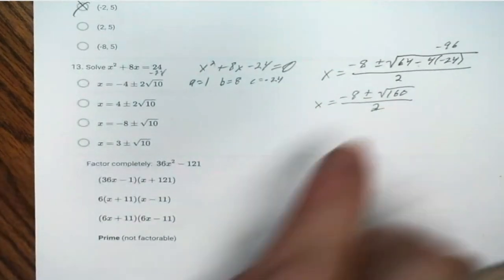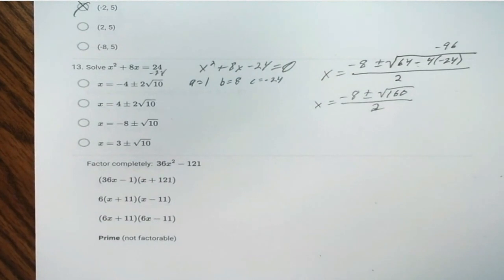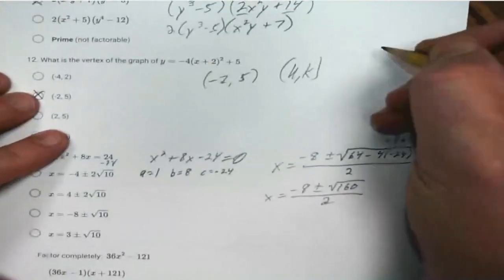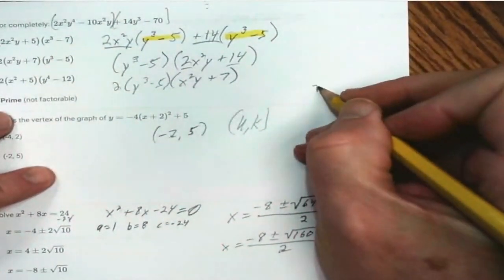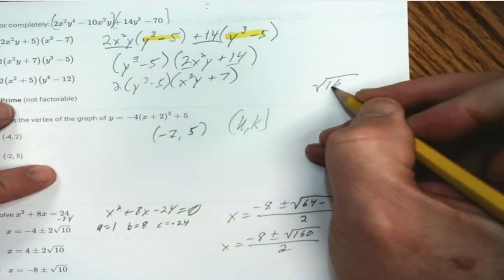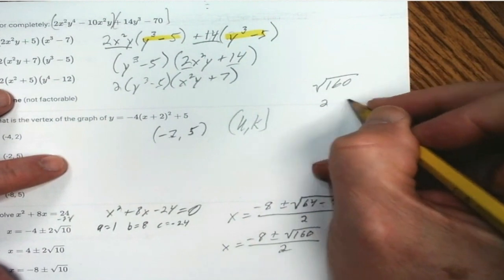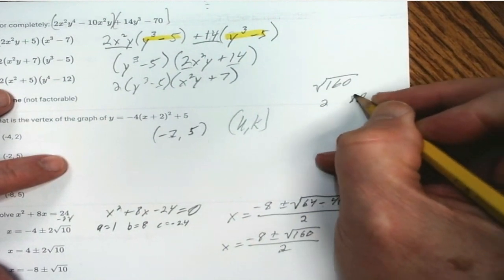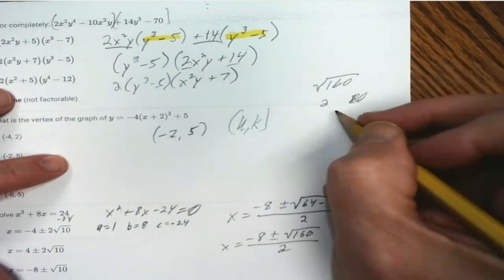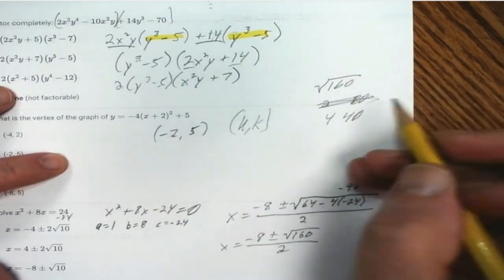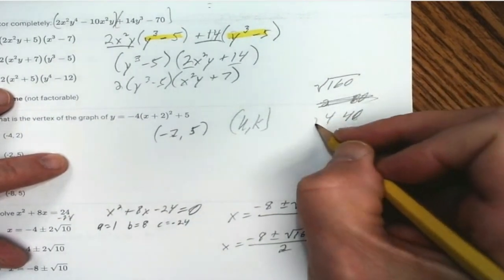So 160. What squares can we take out of there? Well, let's break down 160. 160 factors to 2 and 80, or 4 and 40. 4 and 40 is pretty good because we know we can take the square root of 4.